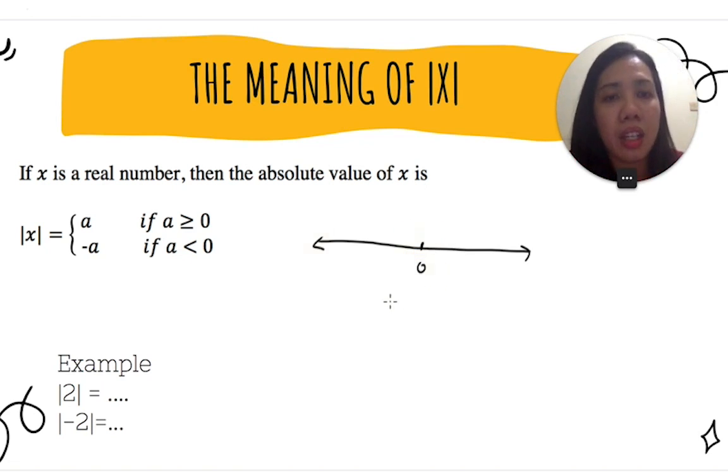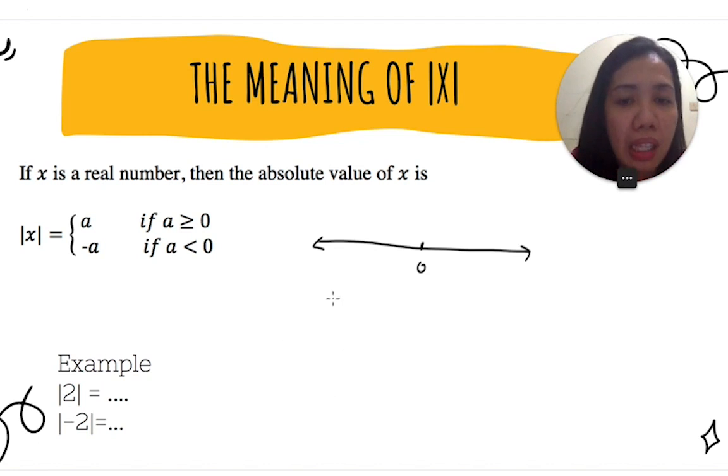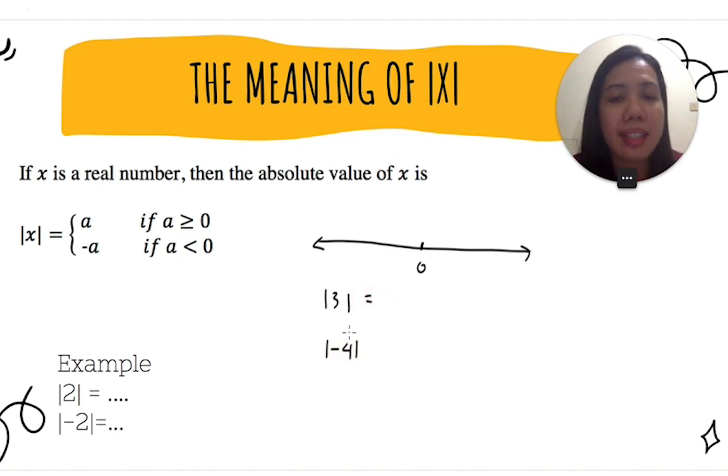Remember that the absolute value is the distance of any number from zero. So now let's find the absolute value of 3 and the absolute value of -4. Or in other words, let's see the distance from 3 to 0, and also let's find the distance of -4 to 0.